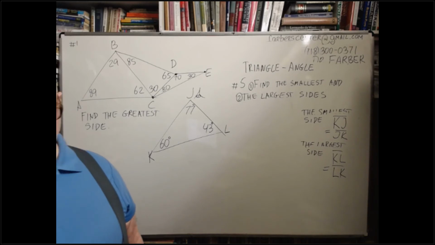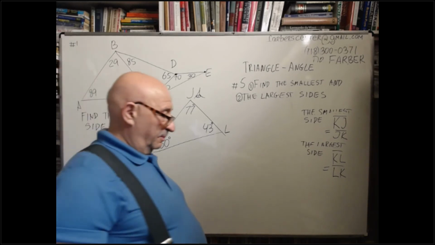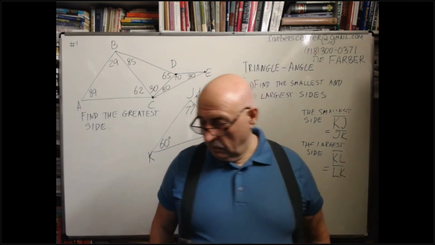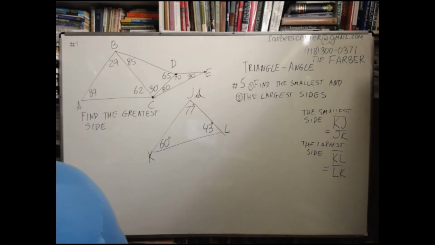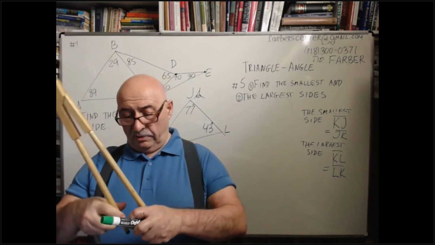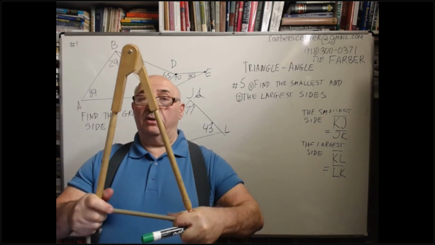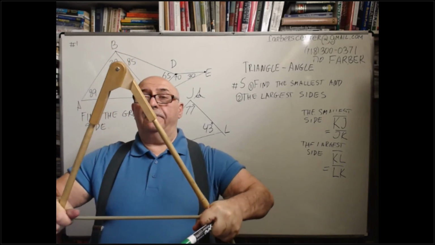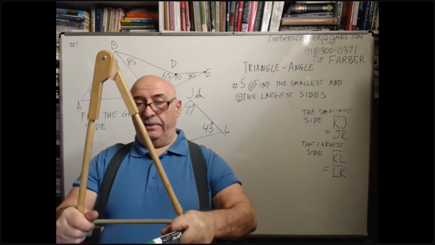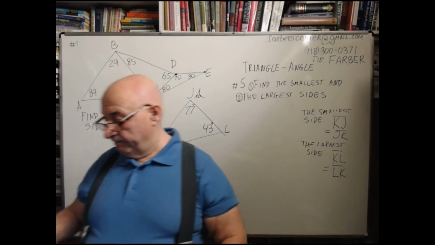Who has questions? Without hesitation, ask me any questions. Always remember Dr. Farber with this expander, expandable side. I use the easiest expander for this one. Now I just remind you, bigger angle, bigger side. Bigger side, bigger angle. Simple. So far, so good?